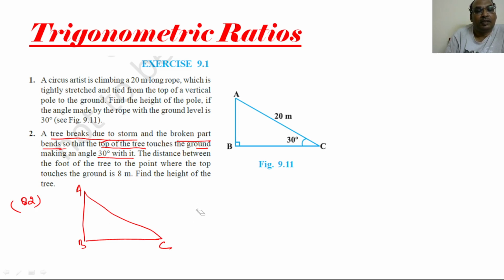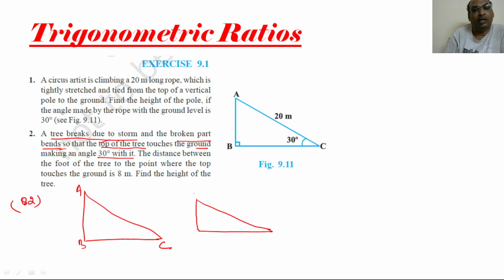Suppose this tree is breaking like this in between, and it is now making an angle with the ground.